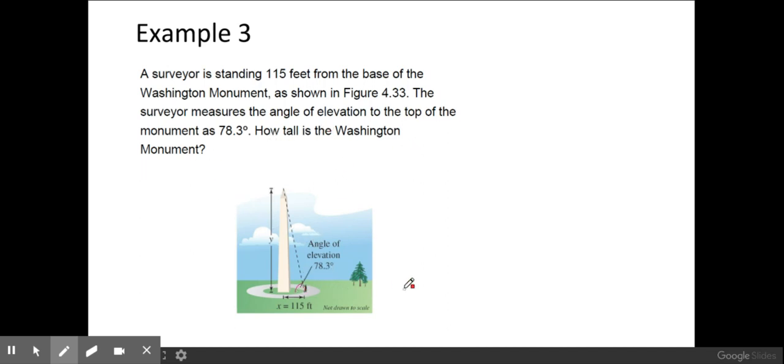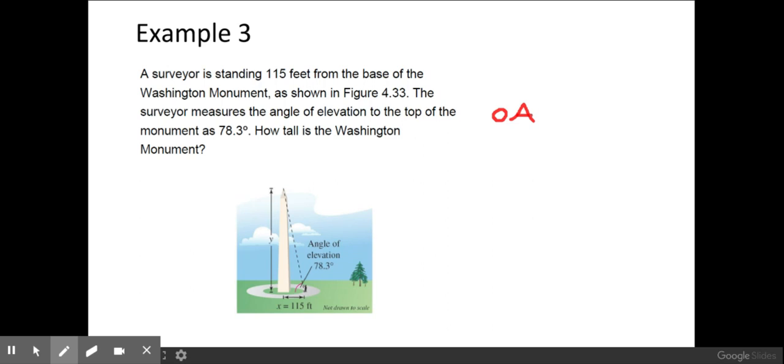So now we're going to have to use our trig ratios to set up a ratio in order to solve this problem. So this is the angle. We're trying to find the side that is opposite that angle, and we are given the side that is adjacent. So we have O and A, opposite and adjacent.